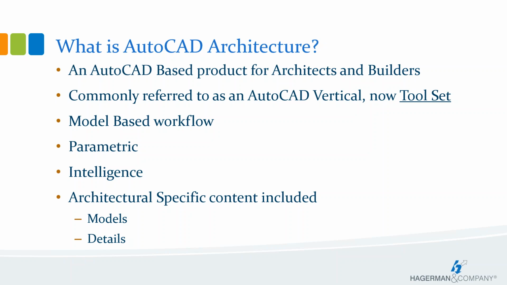Previously, it was commonly referred to as a vertical, of which AutoCAD Architecture is one of several verticals, or as we call them now, tool sets. There is one for MEP, plant design, and a few others for different types of engineering disciplines.